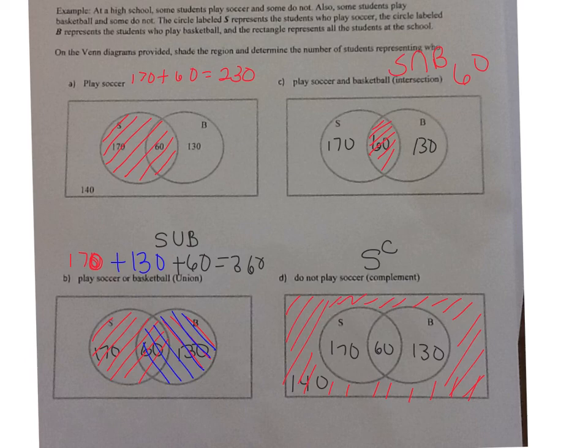And then I have these people in the basketball. The people that just play basketball, well, they don't play soccer. So I have 140, and I have the 130 that play basketball. And together, that would be 270. That's the complement of soccer.